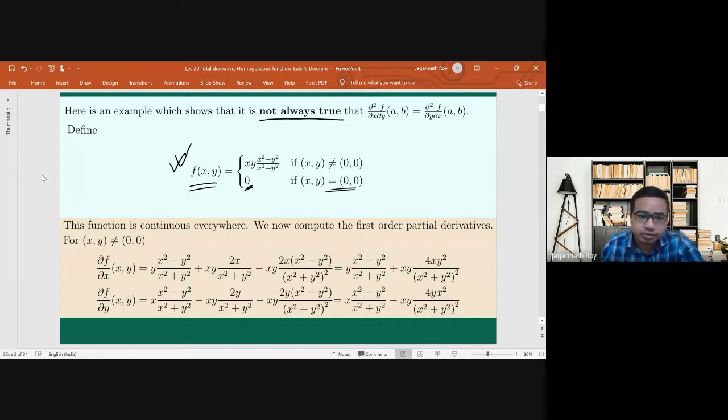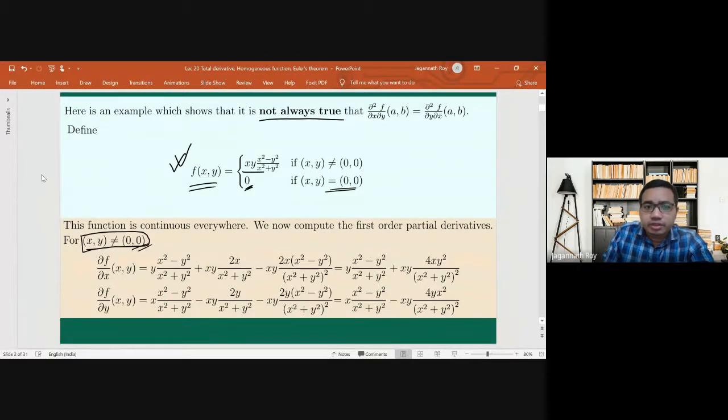So by definition, if we differentiate with respect to x, this is done when x, y are non-zero.